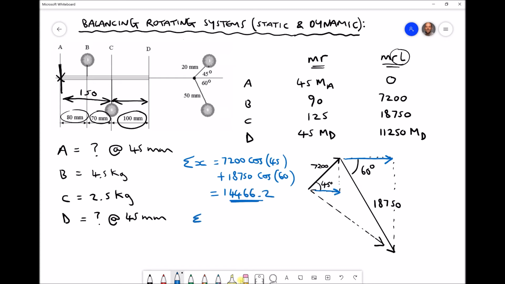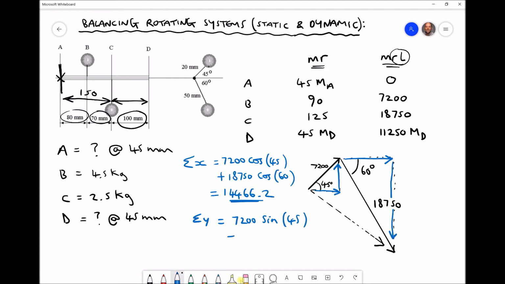Let's repeat for our y components. We can see the first vector, vector b, has a positive y component, the magnitude of which is 7200 sine of 45. But this time we can see that our second vector, vector c, has a negative y component. It acts downwards.